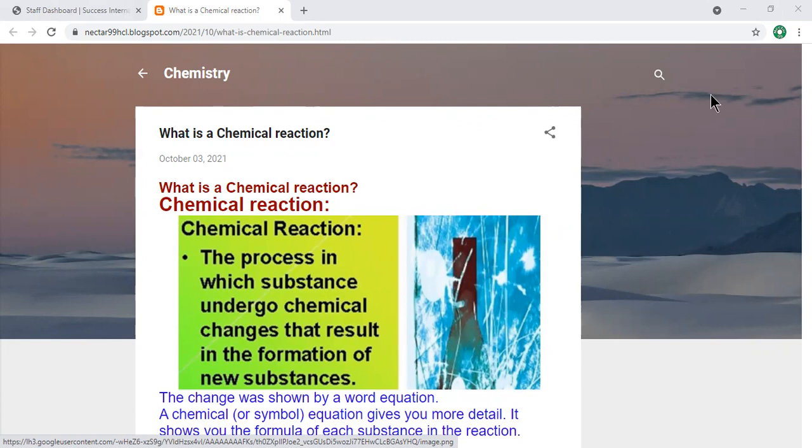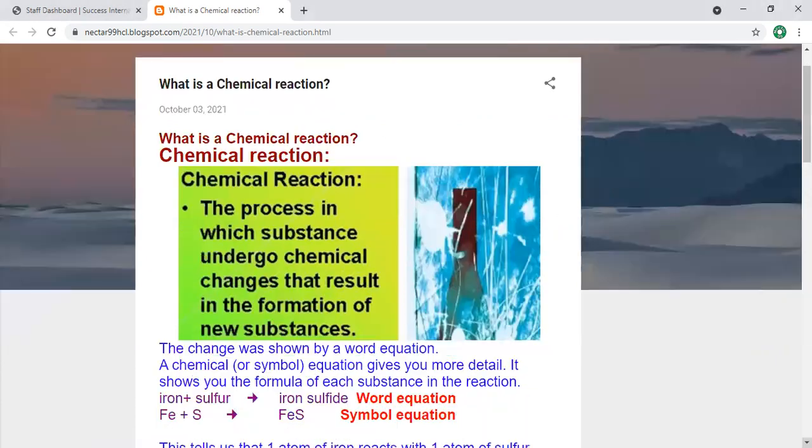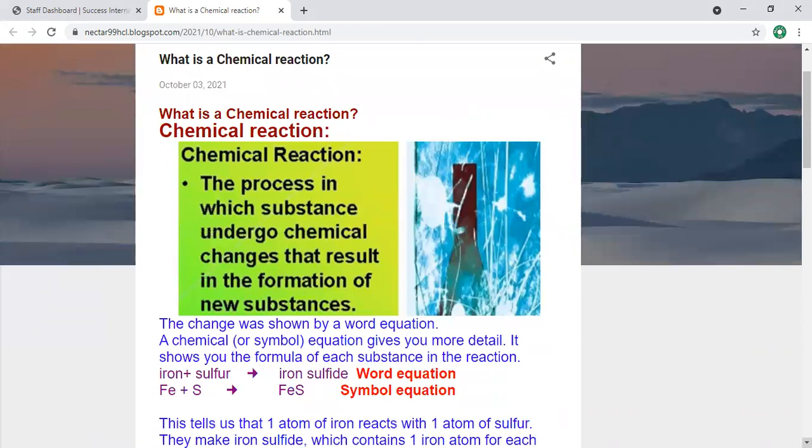Okay, so before we dive again into the lesson, let's see what a chemical reaction is. A chemical reaction is the process in which substances undergo chemical change, leading to the formation of new substances.